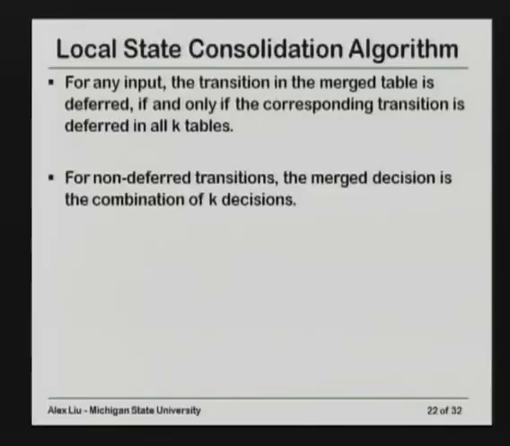So we have to make sure that if all these tables defer this transition, then we can really defer this transition. Otherwise, we have to pull it back. For non-deferred transitions, after you do this, the merging is very simple. Basically the decision is the combination of the k decisions. So the local state consolidation algorithm is pretty simple.